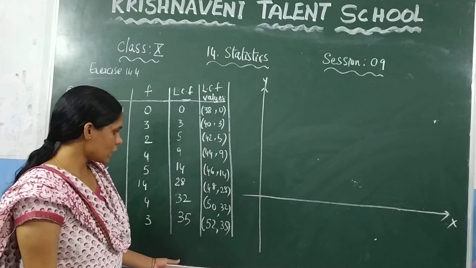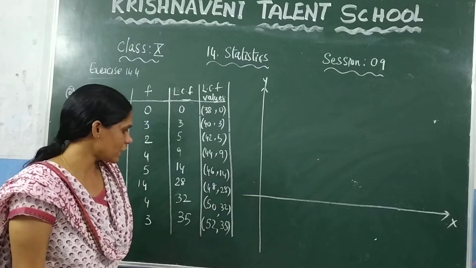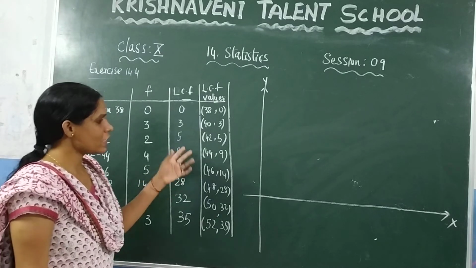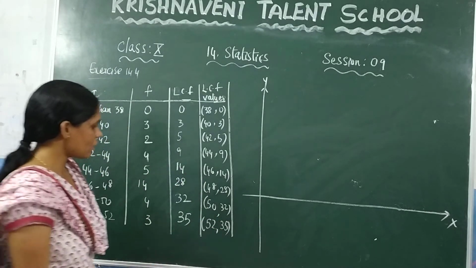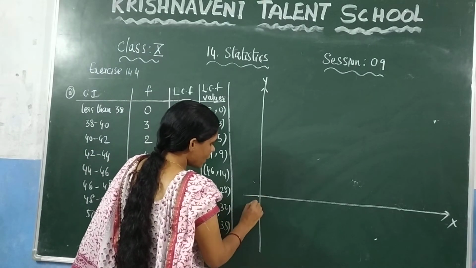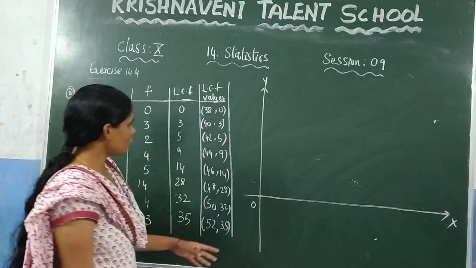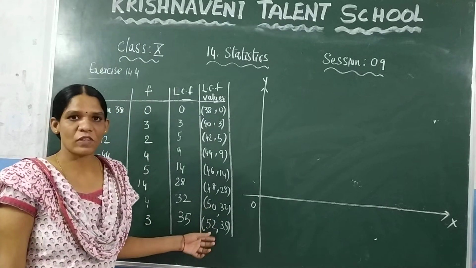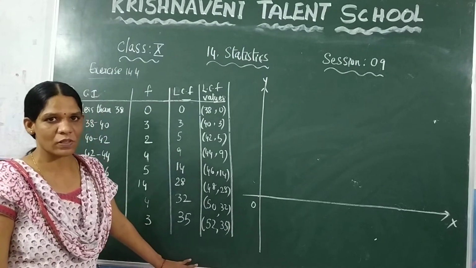You can take the scale as 5, 10, 15, 20 like that, or you can take it as 10, 20, 30, 40 like that. Since the space is not sufficient, I will take 10. You can take 5, 10, 15 also. If you take 5, 10, 15, then the graph will be clear.